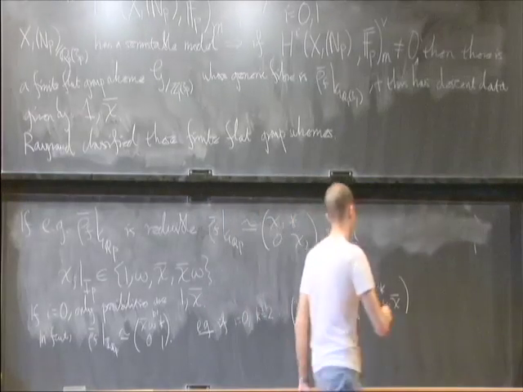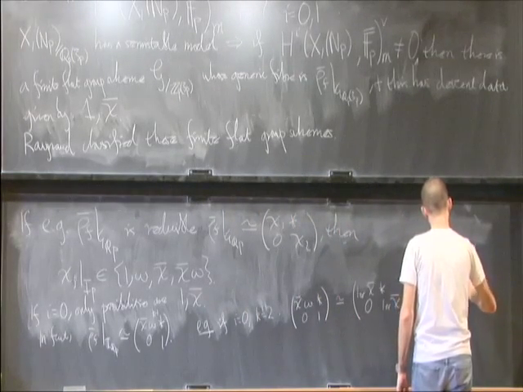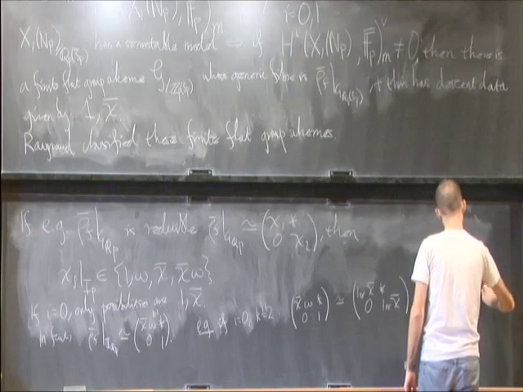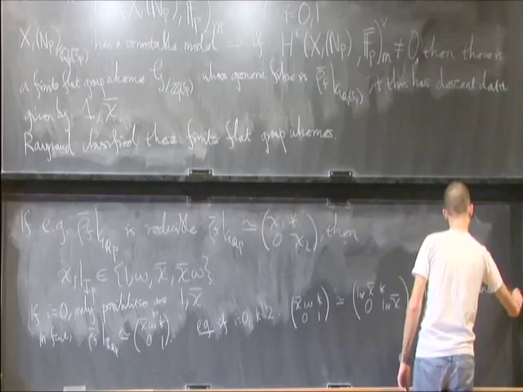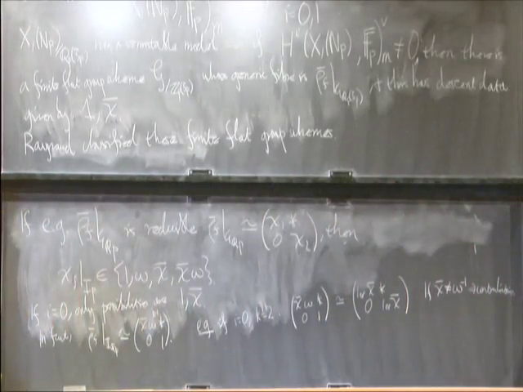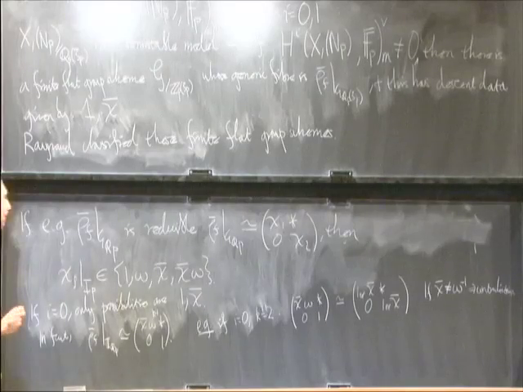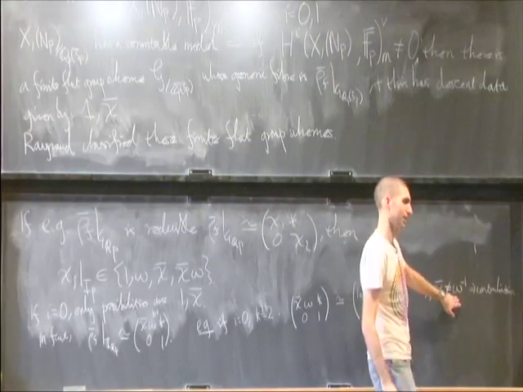So if chi bar is not omega inverse, this is probably a contradiction. So again, we get some good information as long as we're sufficiently generic. We've avoided some small case.